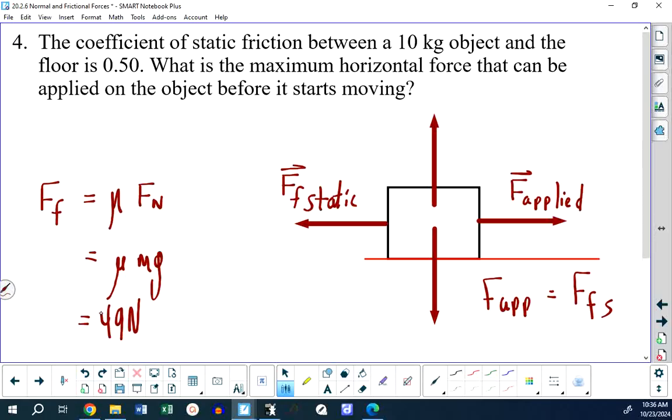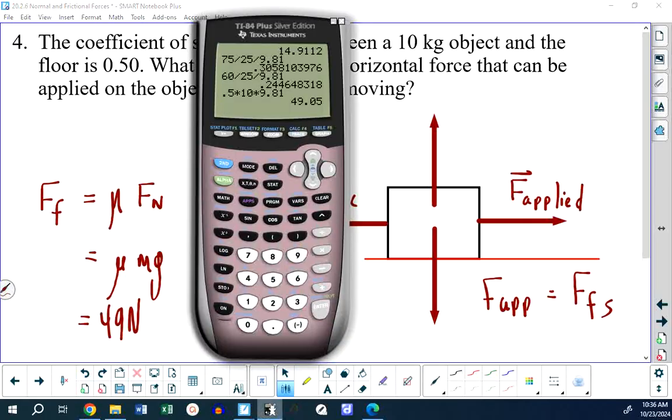If I said, what is the force of friction, and let's say it worked out to exactly 49.05 newtons. That's the force of friction. What is the force needed to get it to move? 49.050000000001 would be, in theory, the force. We don't need to worry about that, though.